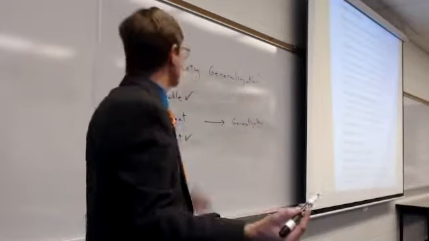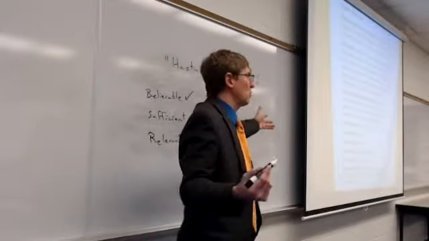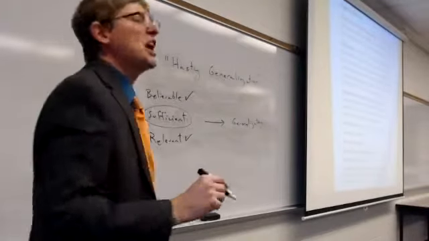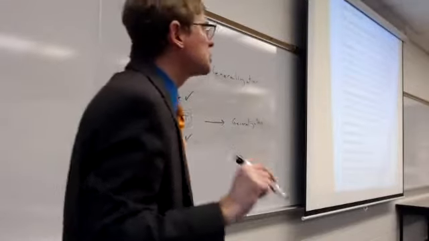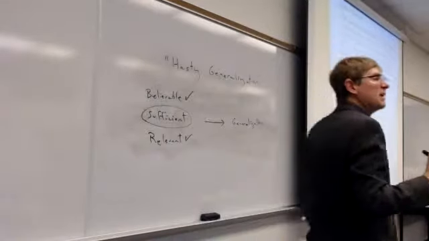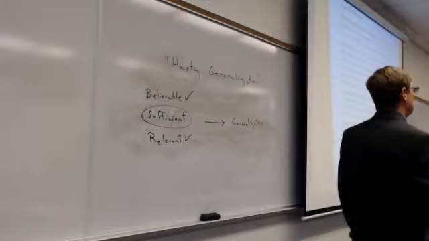In other words, there is some connection between the alleged evidence and the conclusion that we're trying to draw. Where the hasty generalization fails is sufficiency. In other words, we haven't actually gathered enough evidence.